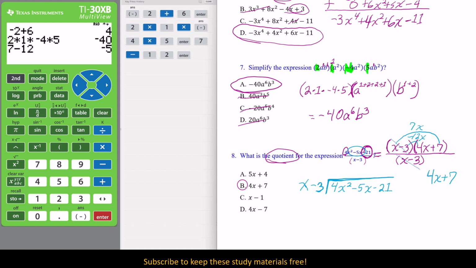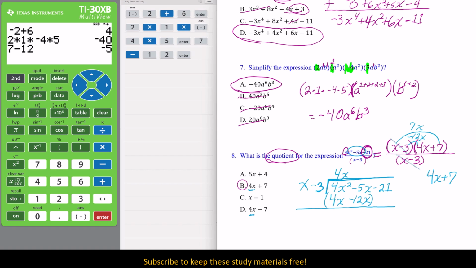If you watch the other videos with me, remember, you need to figure out what would give you exactly 4x squared. Well, that would be 4x. That's what we have for our B. Well, that's also D, but let's keep going. That would be 4x squared minus 12x.